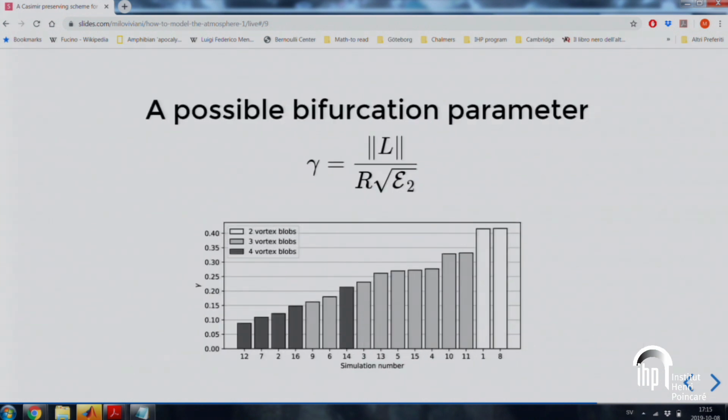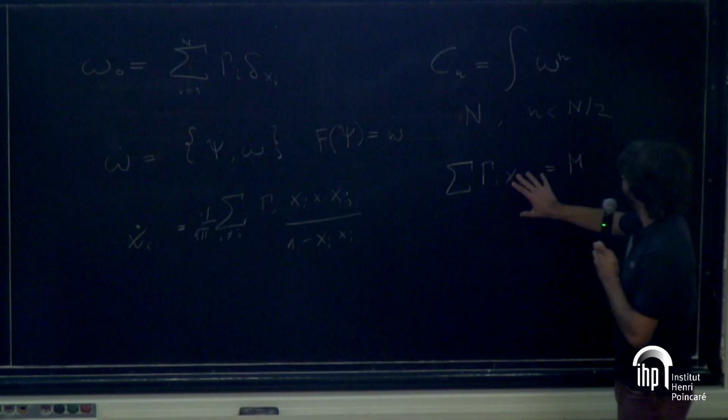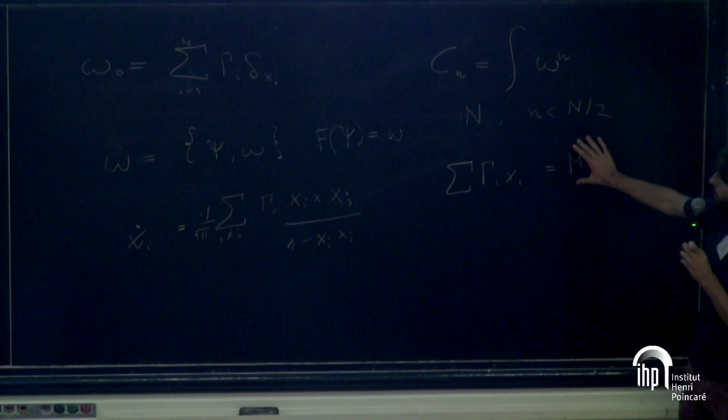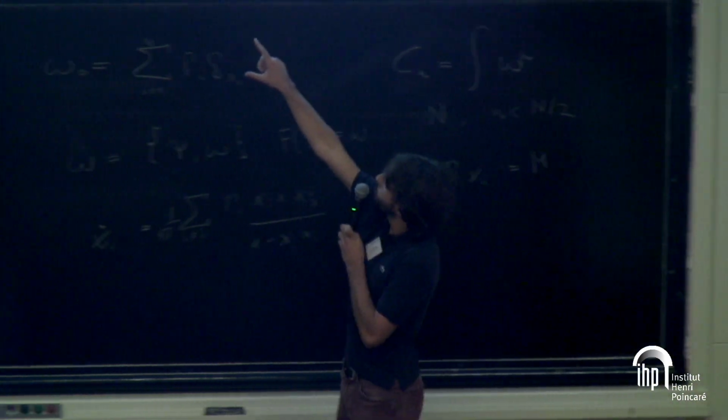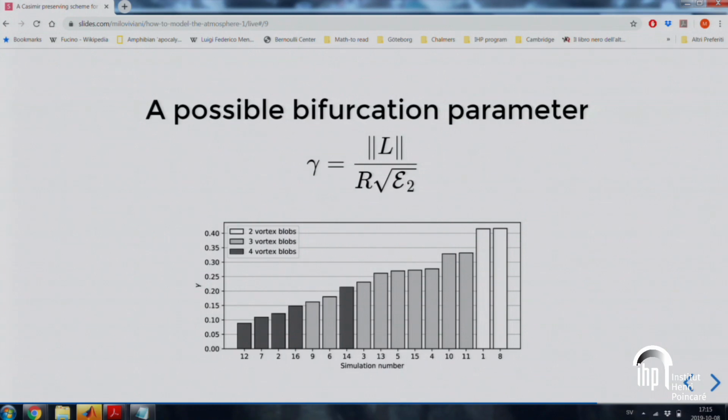And we also have a measure to tell when we expect 2, 3, or 4 different blobs. Okay, if you remember, I told you that when the momentum of point vortices is 0, we get 4 blobs. Then we consider the ratio between the momentum and the square root of entropy, where R is the radius of the sphere, to make the parameter adimensional.